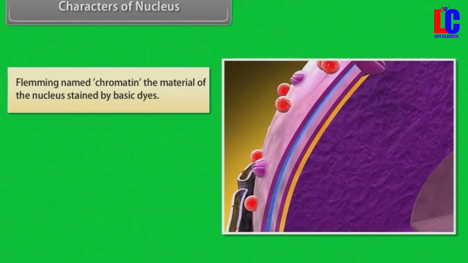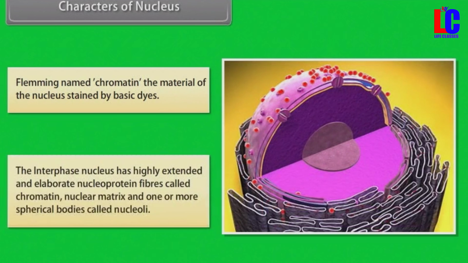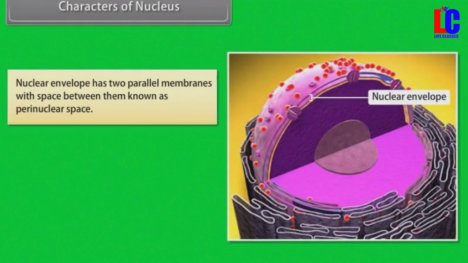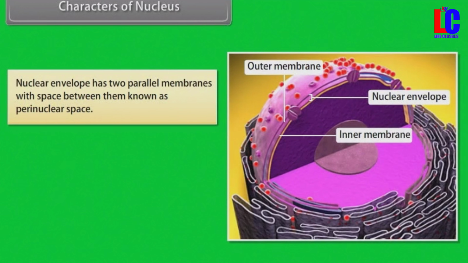Fleming named chromatin the material of the nucleus stained by basic dyes. The interphase nucleus has highly extended and elaborate nucleoprotein fibers called chromatin, nuclear matrix, and one or more spherical bodies called nucleoli. Nuclear envelope has 2 parallel membranes with a space between them known as perinuclear space.